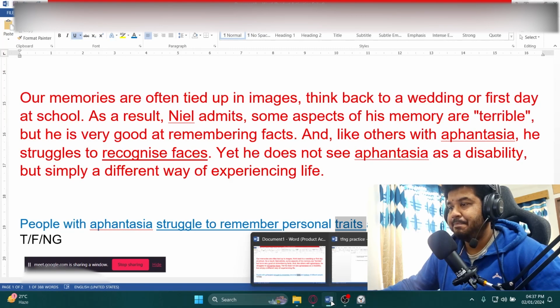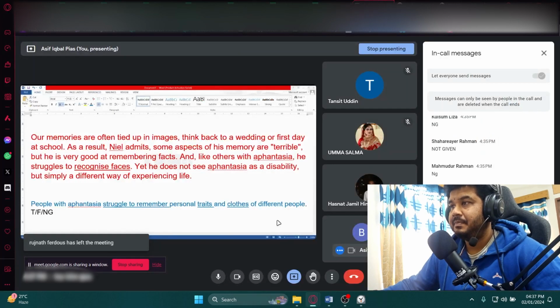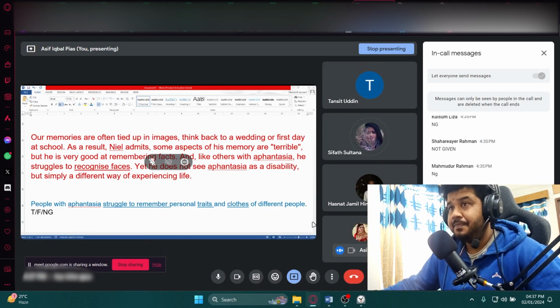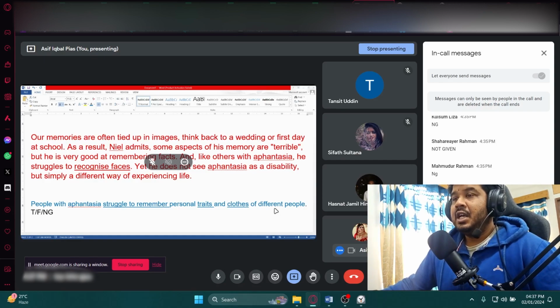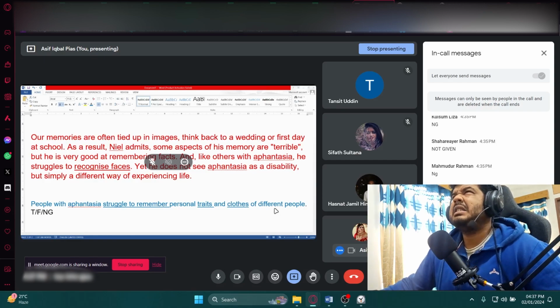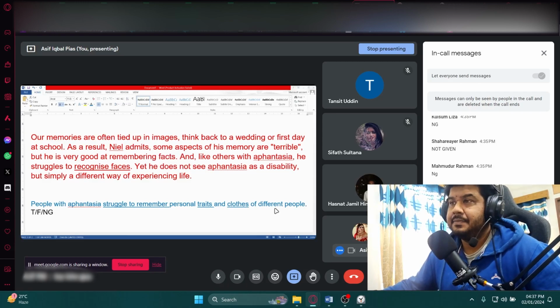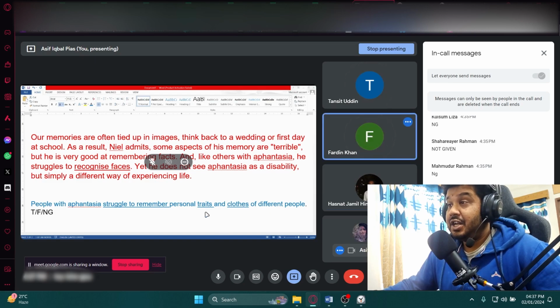Can anyone tell me? Traits. Good, good. Characteristics, right? Do you think face can be a synonym for traits? What do you think? Can it? No. No, it is not.